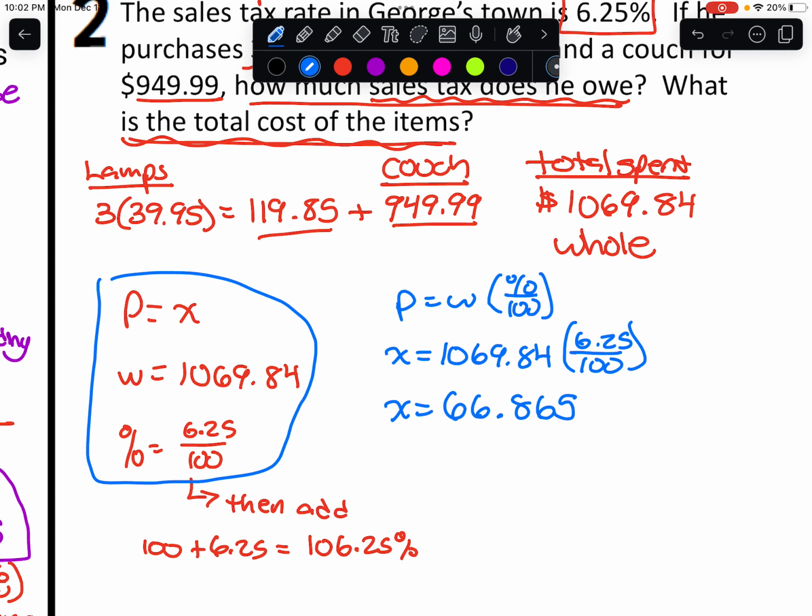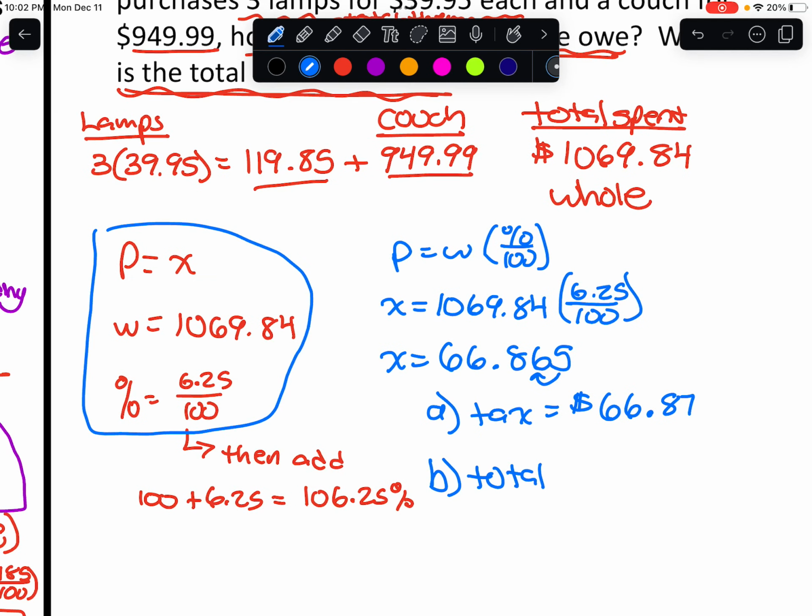Now, this is our tax amount. So for part A, we can say tax equals, now we can round this, 66.87, because the 5 tells us 6 to round up. But when we do part B for the total, we need to do the unrounded amount. So we're going to do 1069.84 plus 66.865.